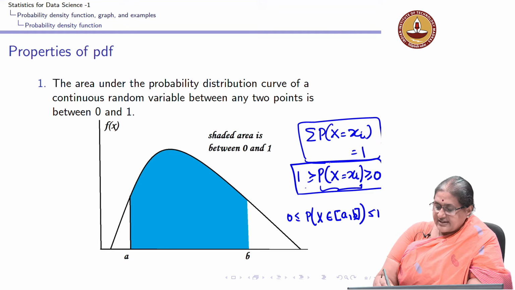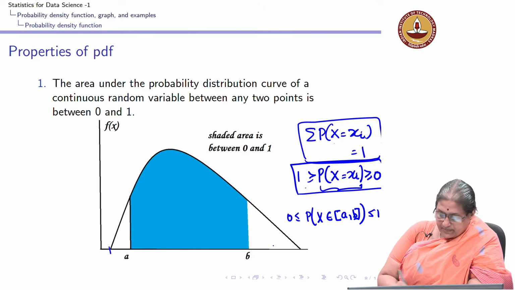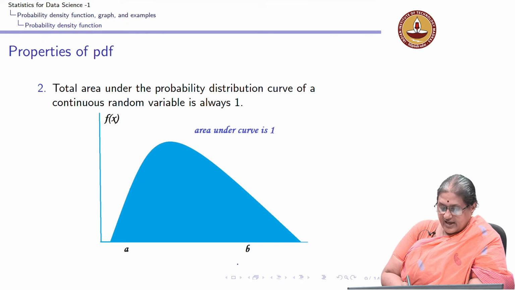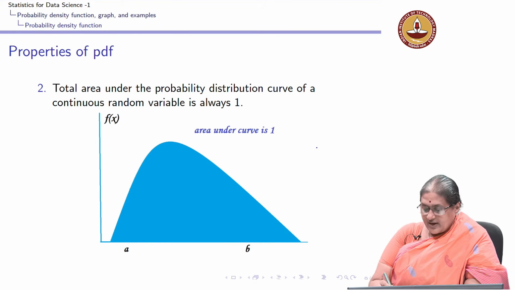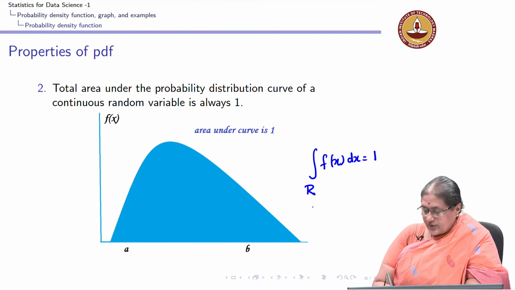Now, the next thing is the summation of probabilities over all xi being equal to 1. If my PDF is defined over an interval, then the area under the entire curve is equal to 1. So, over the range of definition of my PDF, the integral, the area under the entire curve, is equal to 1.